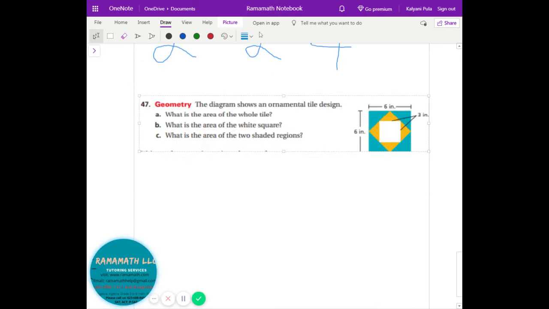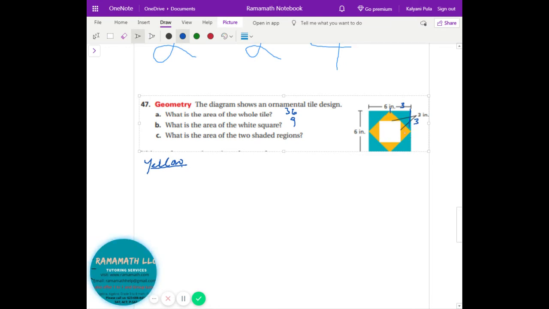So obviously the first one, you already got that one, which is 36. This is 9. So if you want to find the yellow square area, what you need to do is basically, you see this is 6, right? Total. And obviously from here to here, that is 3. And also I know this is 3.